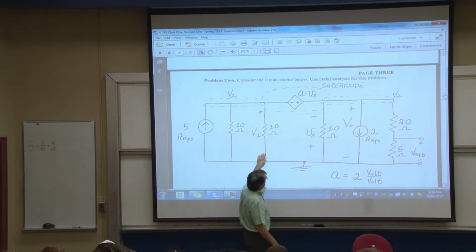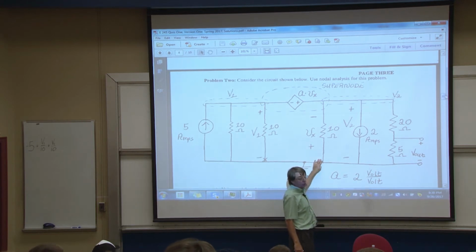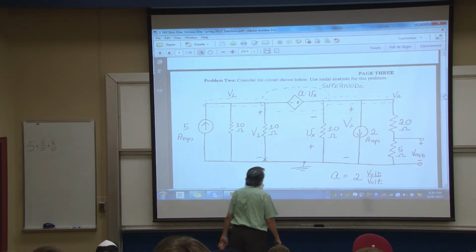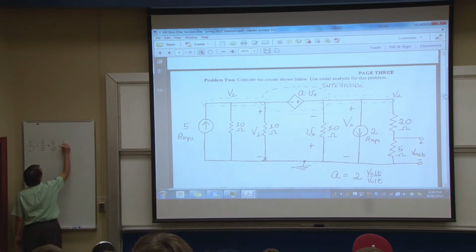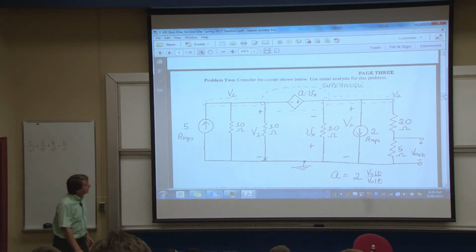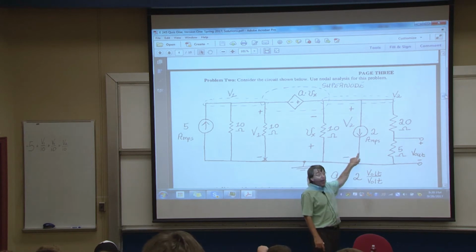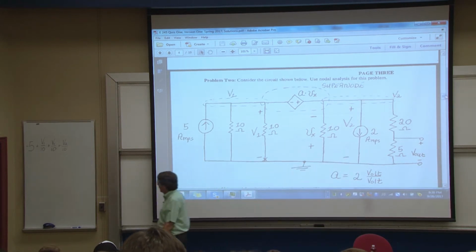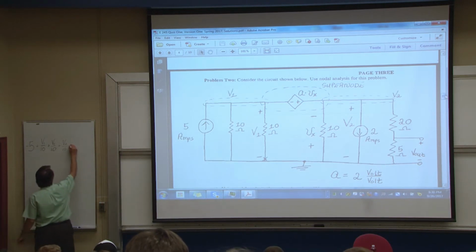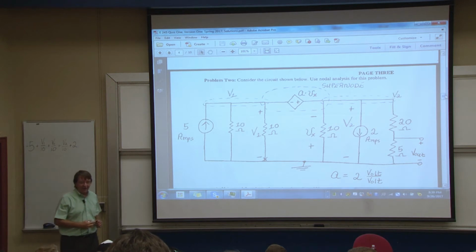So I'm going to jump over here to the other side. Now this becomes V2. I get V2 over 10. V2 over 10. This current is flowing out, so it's plus 2.